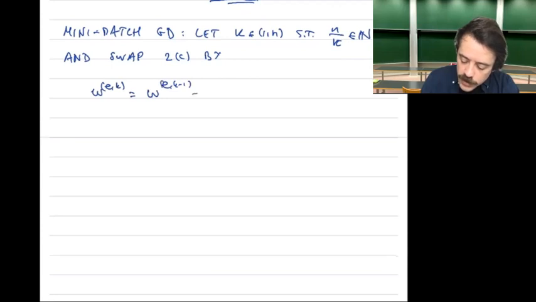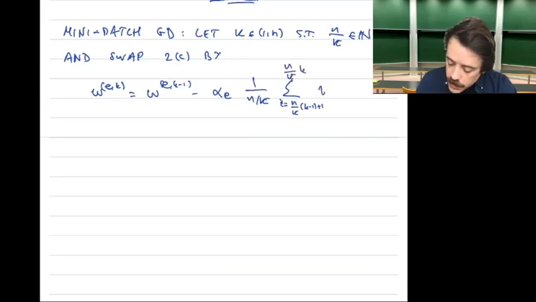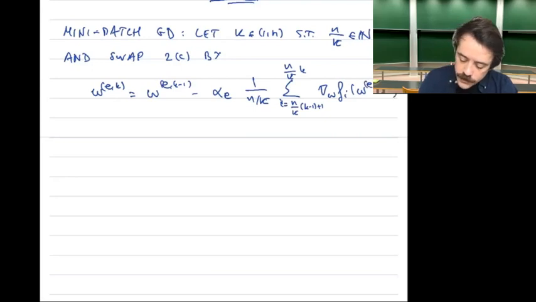We look at the previous one and subtract, with an average now of a few of them, from i = (k-1)n/K + 1 to kn/K, with the same quantities, and this is for k going from 1 to capital K.